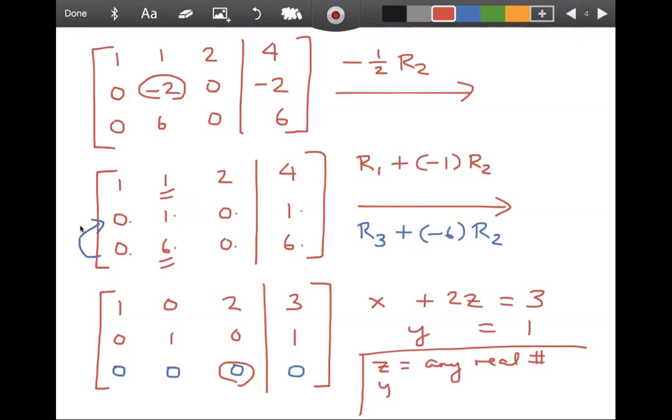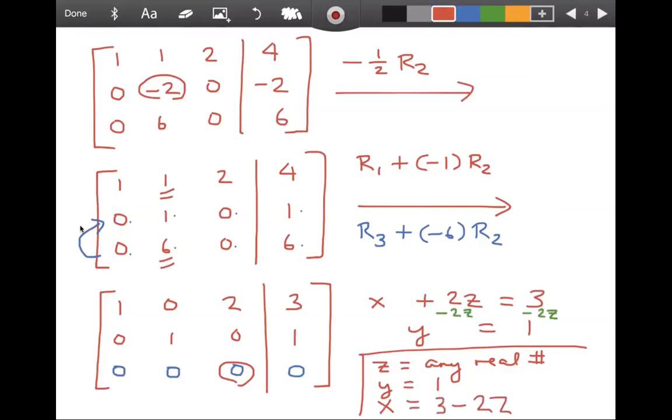Y is always going to be 1. And then the x equation, just solve that for x. So you see how it says x plus 2z equals 3. Just subtract 2z from both sides. And that will allow you to describe x in terms of z. So it would say x equals 3 minus 2z.